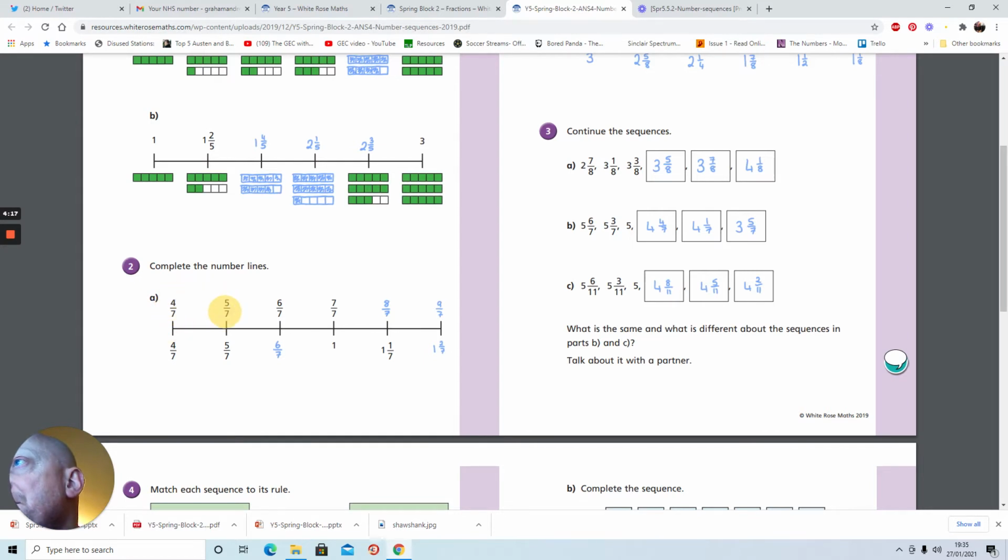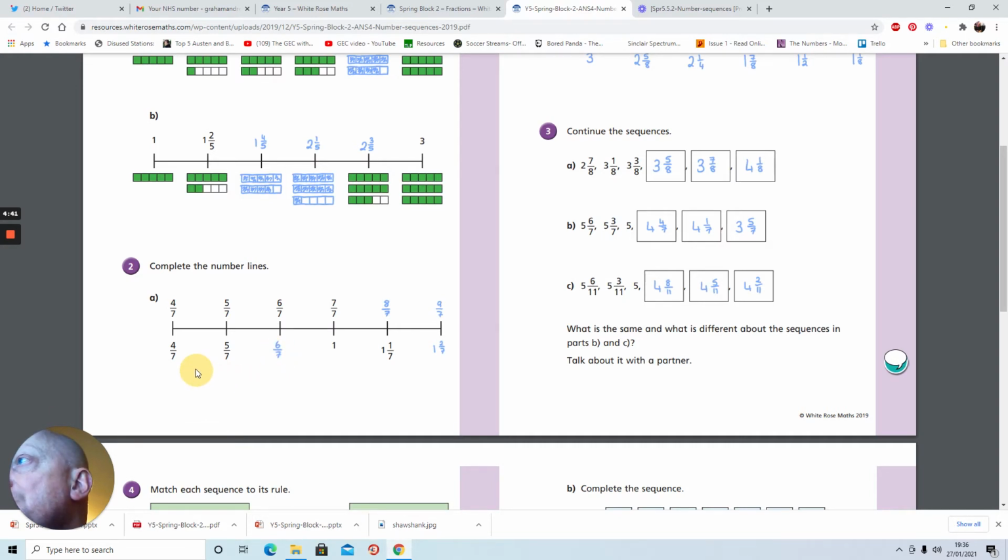So 4/7, 5/7, 6/7, 7/7. We know that the denominator is going to stay the same, but the numerator is changing each time. So it's going to be 8/7 and then 9/7. So down here, we know that is going to be the same, because that is still a normal fraction, it's not an improper fraction.